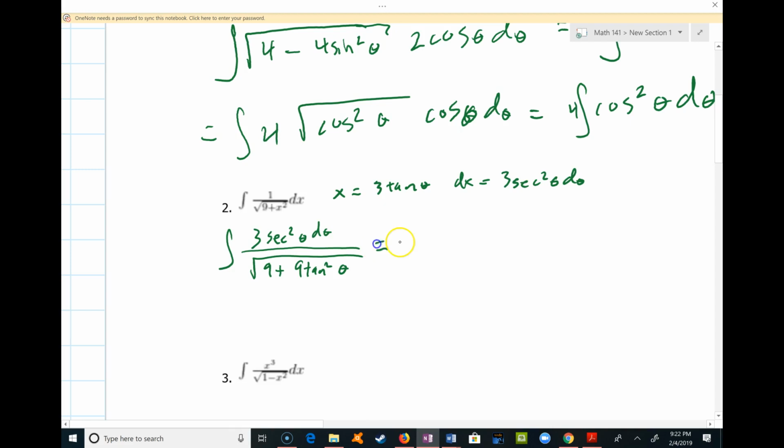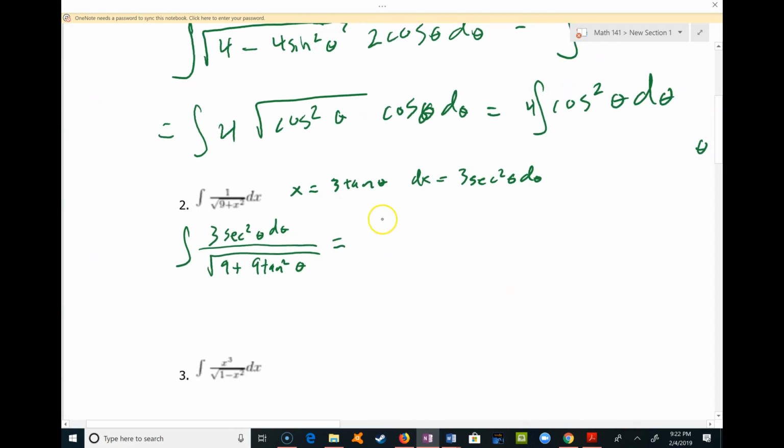Of course we can simplify some stuff here, and we get the integral of 3 secant squared theta d theta on top, and on the bottom we have the square root of 9 times 1 plus tangent squared theta.